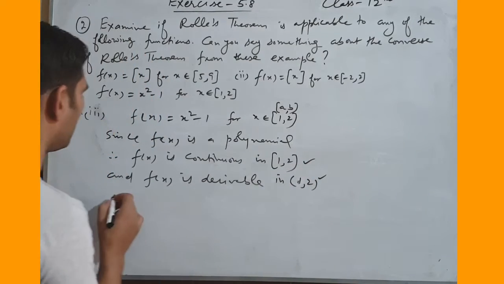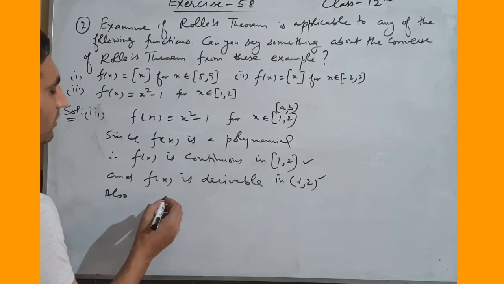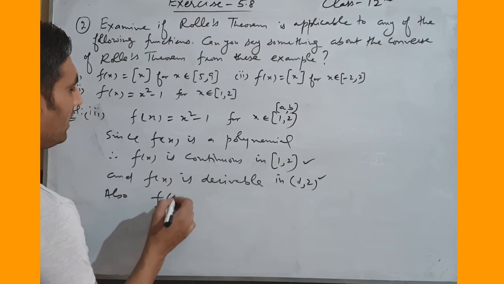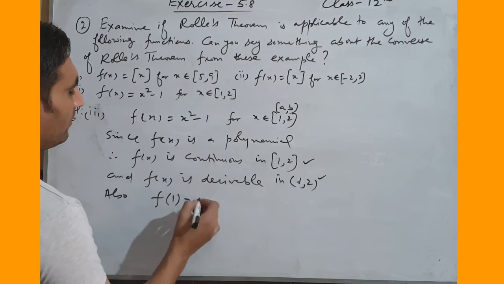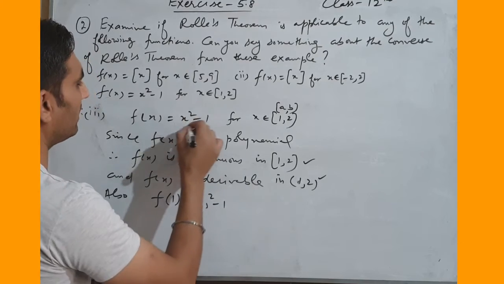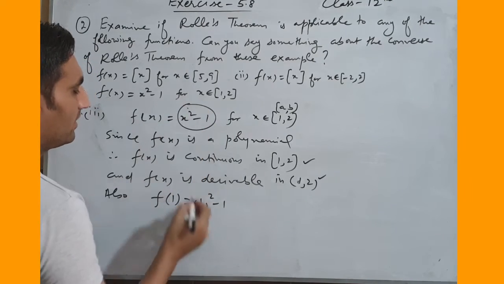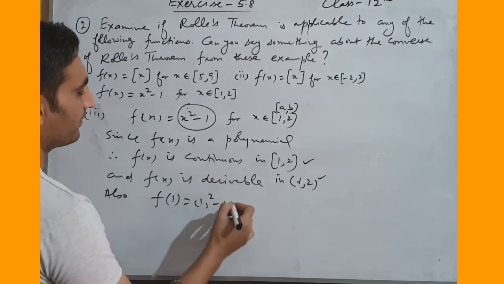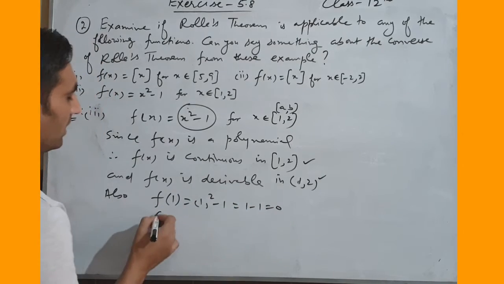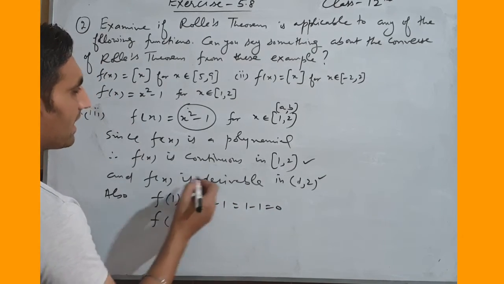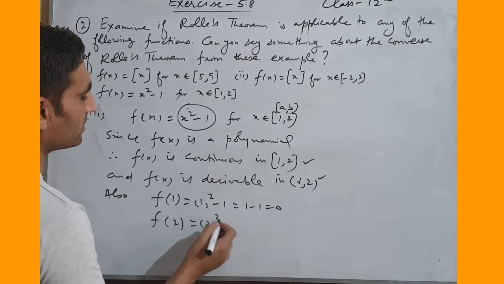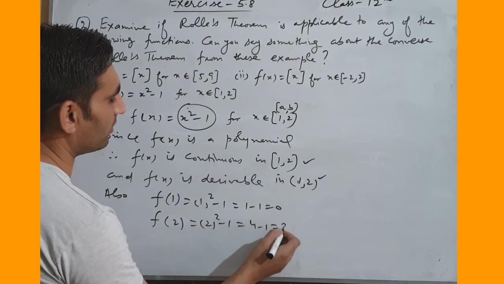Now for the third condition, you have to check f a equal to f b. Check what is f a. A means 1, f at 1, 1 square minus 1. Fill in this definition of f x, 1 in place of x. You have 1 minus 1 equal to 0. Then f at b means f 2. It will be 2 square minus 1, or 4 minus 1, equal to 3.